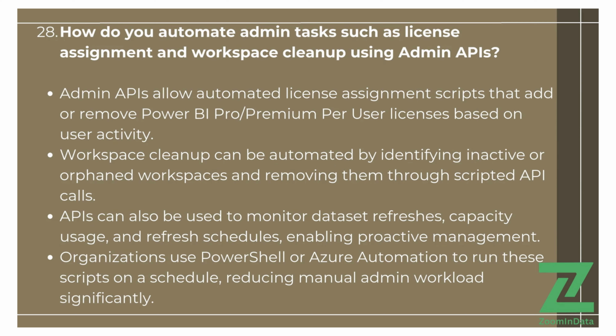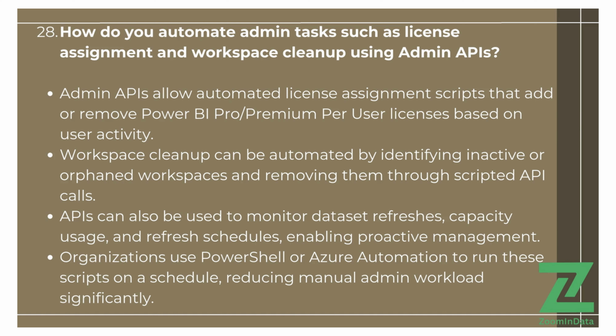28th question. How do you automate admin tasks such as license assignment and workspace cleanup using Admin APIs? Admin APIs allow automated license assignment scripts that add or remove Power BI Pro or Premium Per User licenses based on user activity.